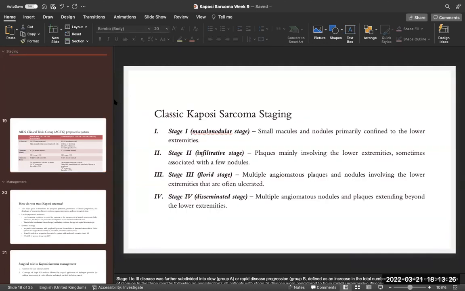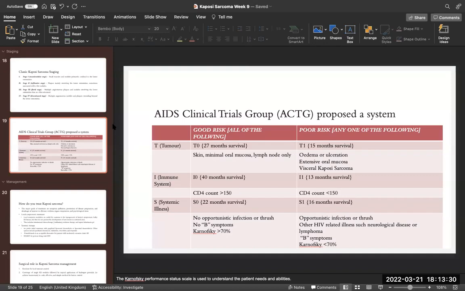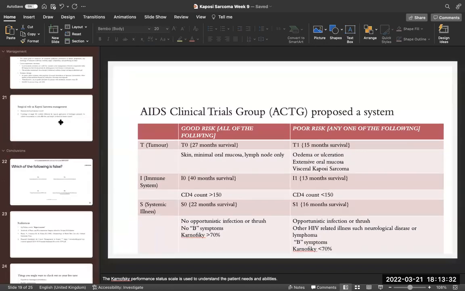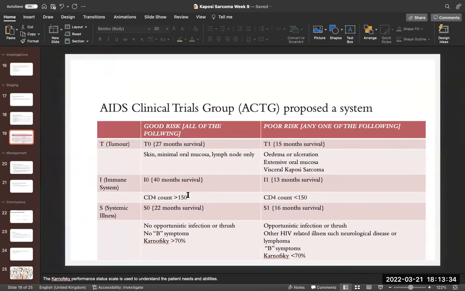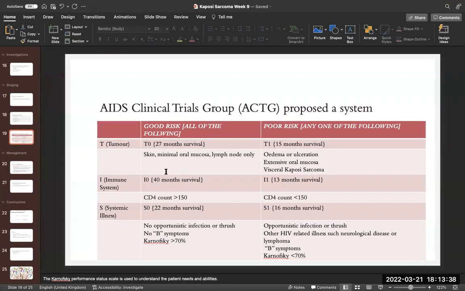Yes, yes. So my clarification is under the systemic illness, there's this S1 that I'm not understanding, and then this I1 that I'm not understanding. Can you please talk about it?